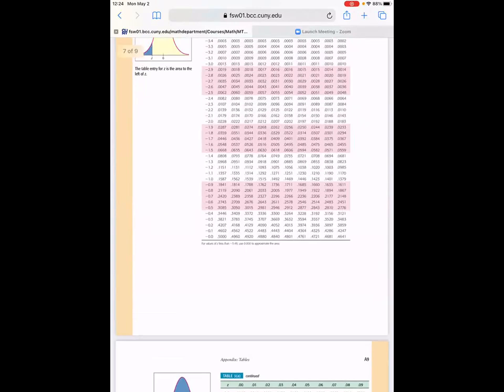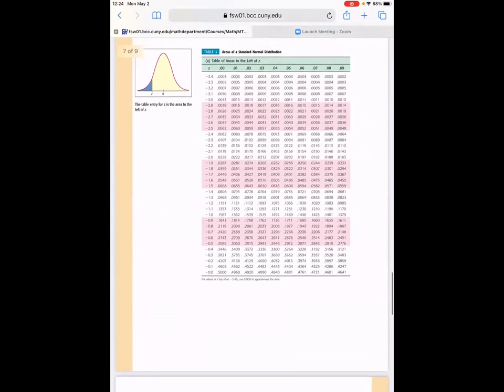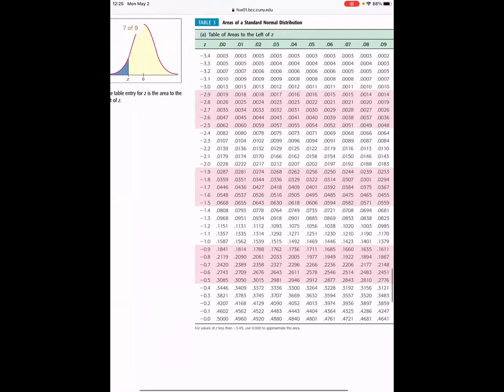All right. So in our case, it's negative 2.3, right? So we need to go all the way down. This is the first column, as you can see. Z is, so we have negative 3.4. So we need to go all the way down to negative 2.3. And then in negative 2.3, we need to go to the column where the nearest 100th is 3.